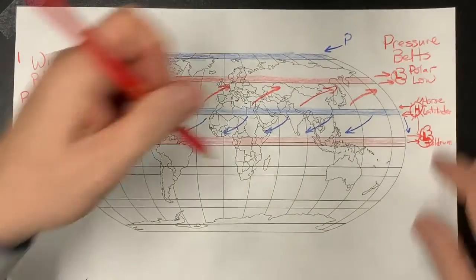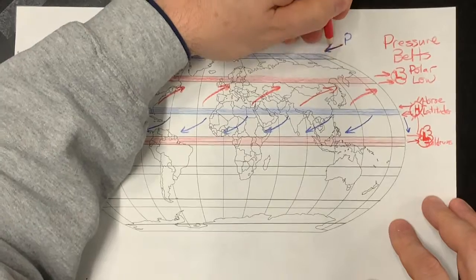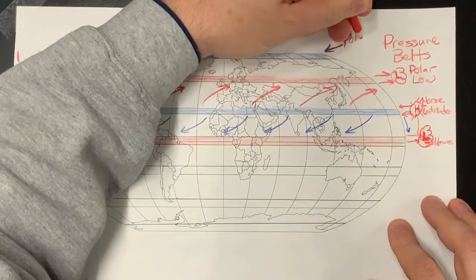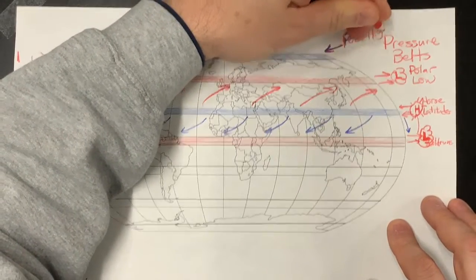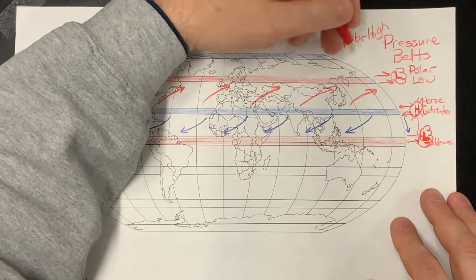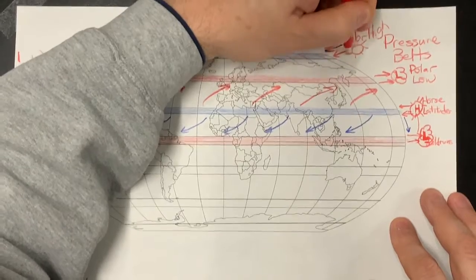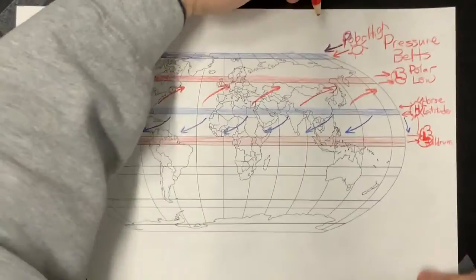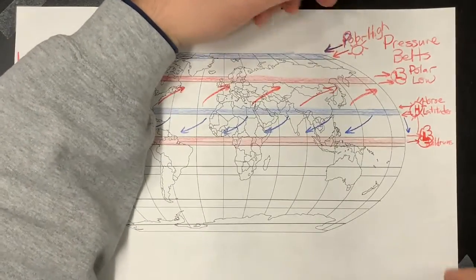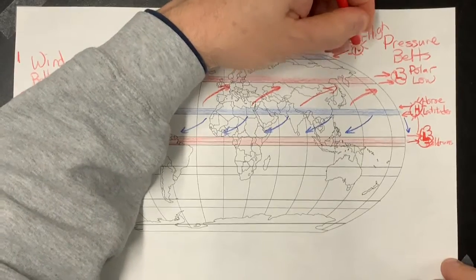Probably should have kept this in red just to be consistent. And it's an area of clear skies, not necessarily sunny, because at the North Pole it's dark much of the year, half the year. But it's an area dominated by high pressure.